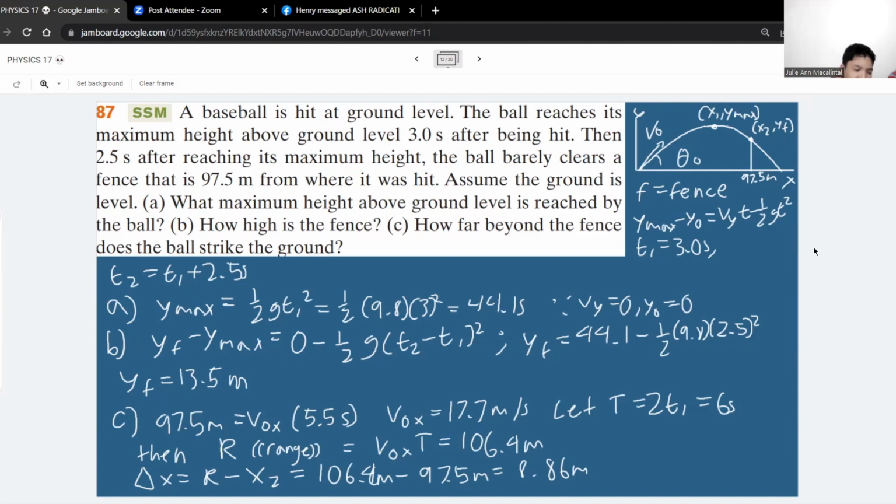Okay, so does it eventually make sense? So Y max is negative 1/2 g t squared plus V sub 0 sine theta times t evaluated at t equal to 3 seconds. So negative 0.5 times 9.8 times 3.0 seconds squared plus ang V sub 0 natin ay 34.3, no?